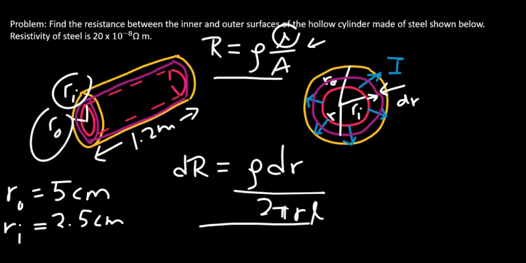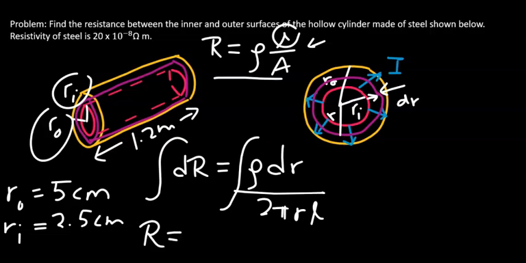So all you have to do is to integrate that expression to get the total resistance. So the left-hand side is just the total resistance. Rho is a constant, can be taken out of the integral. 2 pi is a constant. You can also take the length out. It's also a constant. Integration of 1 over r with respect to r.